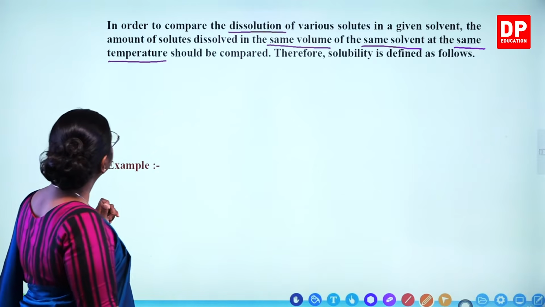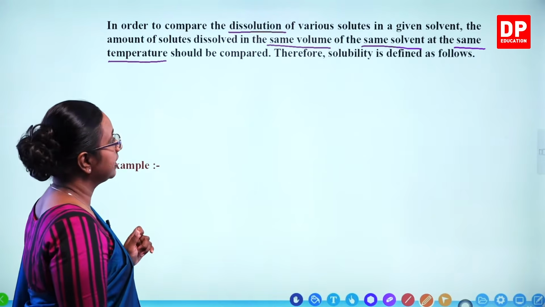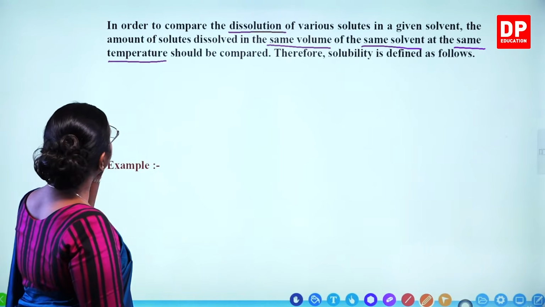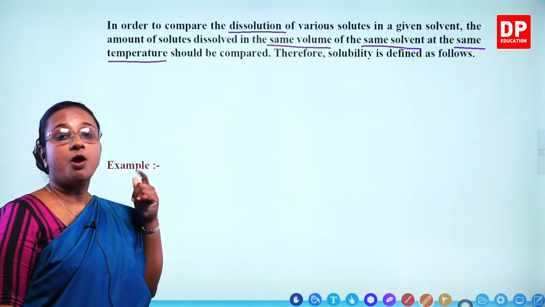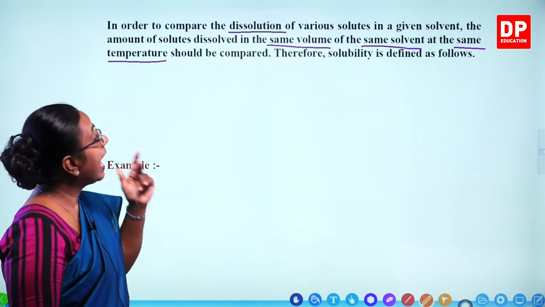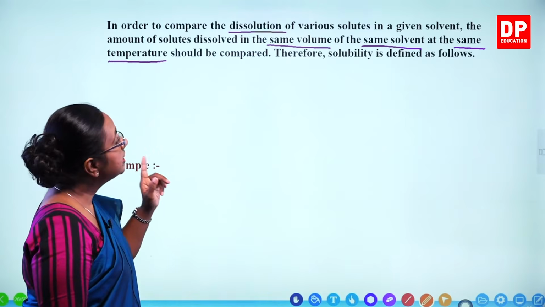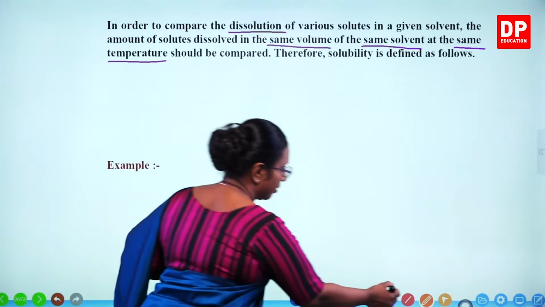I will read that again. In order to compare the dissolution of various solutes in a given solvent, the amount of solutes dissolved in the same volume of the same solvent at the same temperature should be compared. Therefore, solubility is defined as follows.